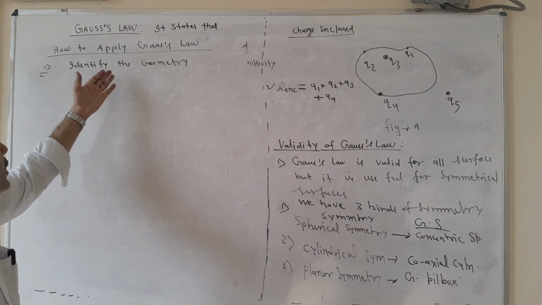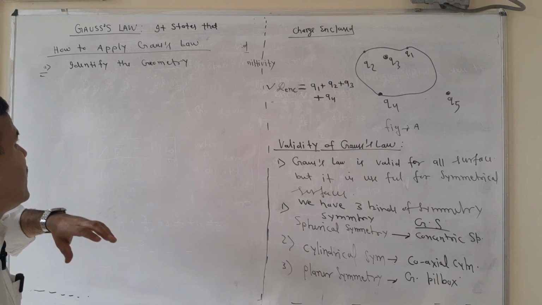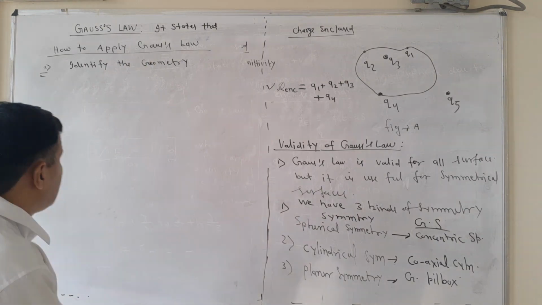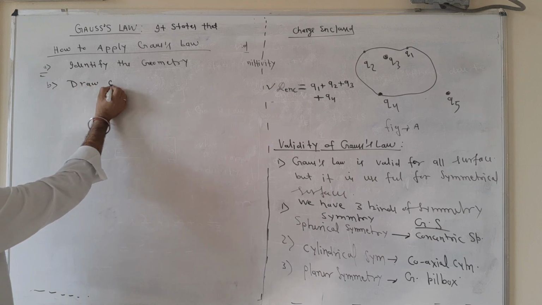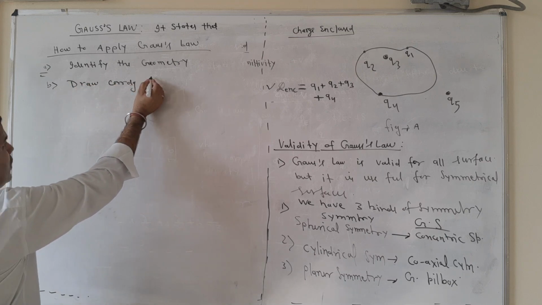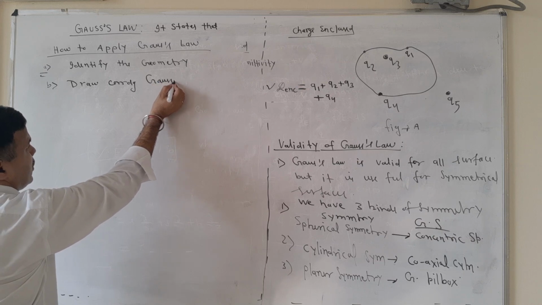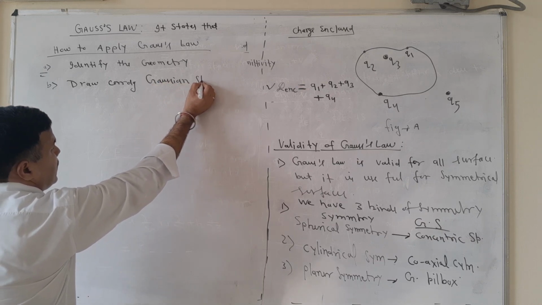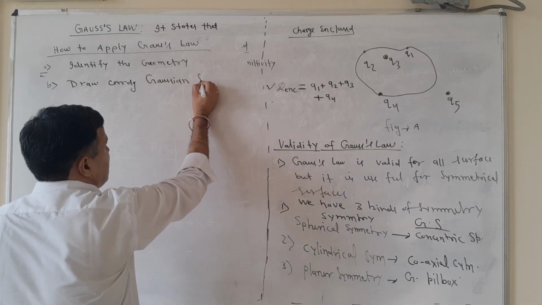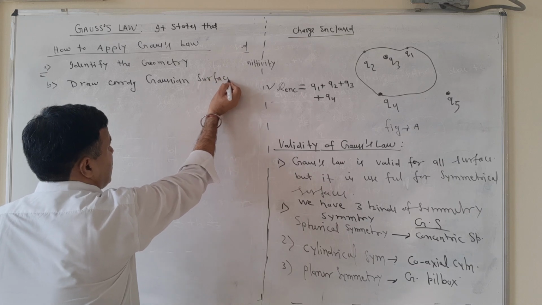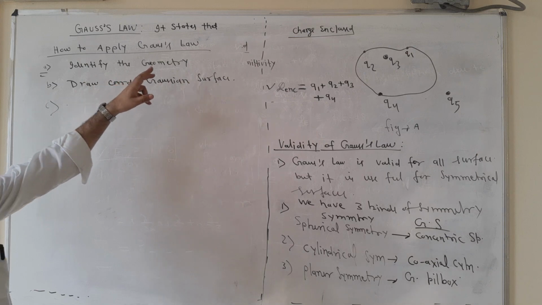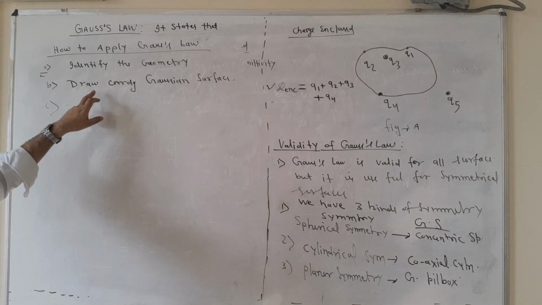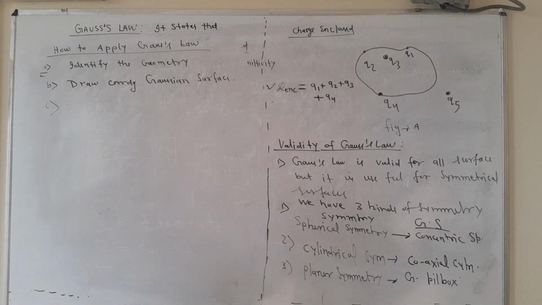First is identify the geometry, or recognize the geometry. Second, draw the corresponding Gaussian surface.